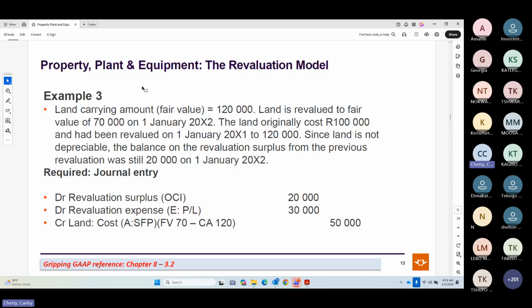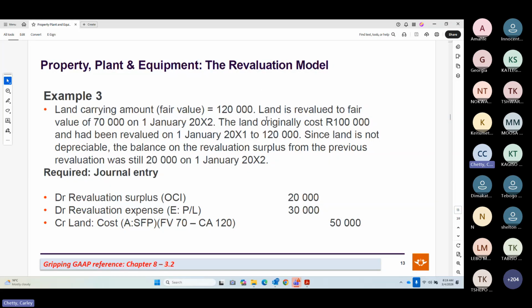So the land originally cost 100,000 and had been revalued on 1 Jan 20x1 to 120,000. Since land is not depreciable, the balance on the revaluation surplus from the previous revaluation was still 20,000 Rand on 1 Jan 20x2. So we need to now record this journal.